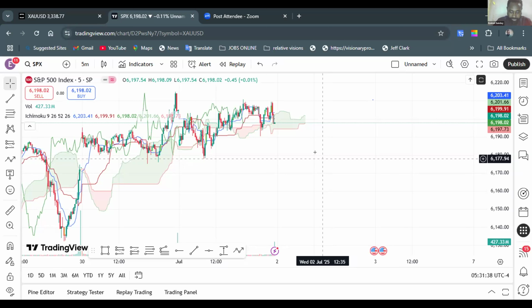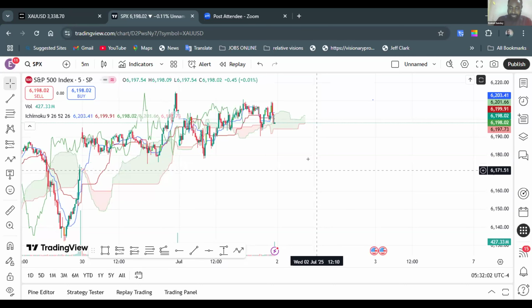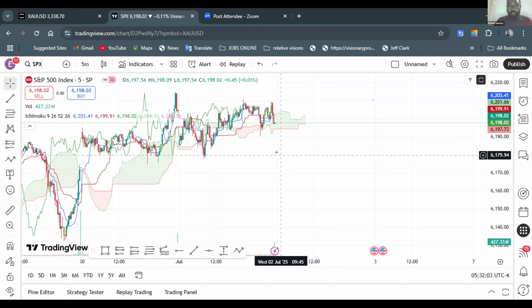Those things are: you must have your strategy right, you must have your risk management right, and you must have your trading psychology correct. So if you have your strategy right, your risk management right, then your trading psychology is intact, then you are good to go. But if you don't have these three things right, then you're not good to go.